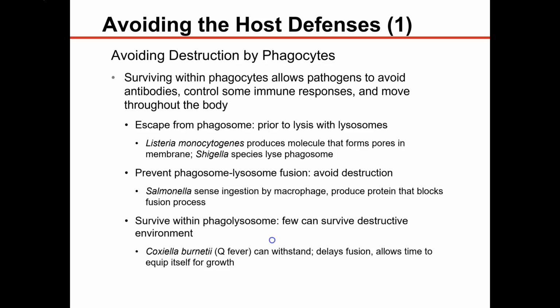Salmonella species can sense the ingestion process of the macrophage, and as soon as that happens, they start producing proteins that block the fusion process. And some can just survive within a phagolysosome. They can survive the lysozyme that is secreted into the phagolysosome, and this allows it to actually get prepared and then grow. That's what Coxiella burnetii does.